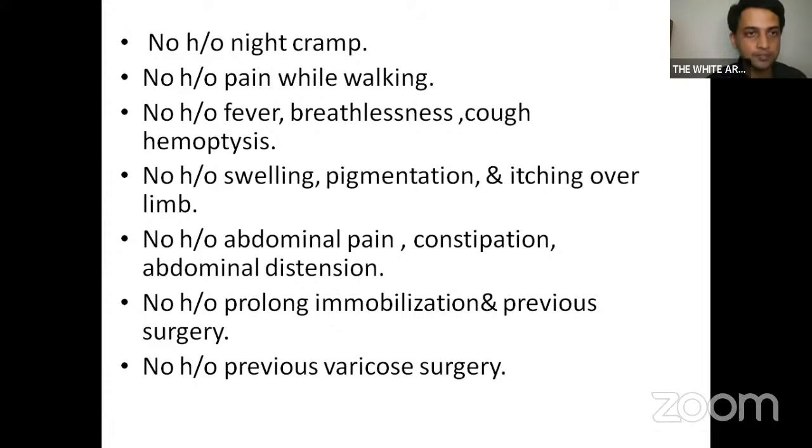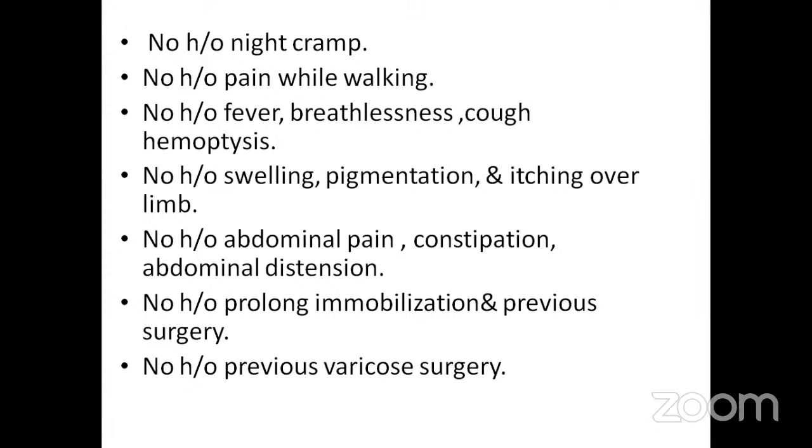You ask that first. Once you confirm that it's varicose, not arterial or neuropathic, then you come to the complications related to the varicose vein, then those related to the etiology. In that order, do not mix up. Clear? Yes, sir. Okay, next.